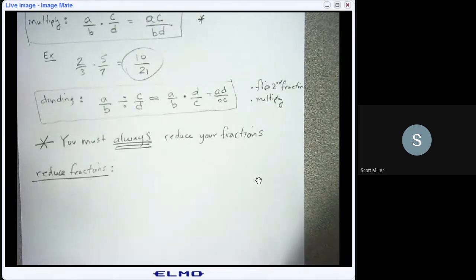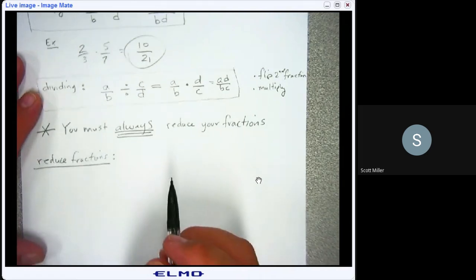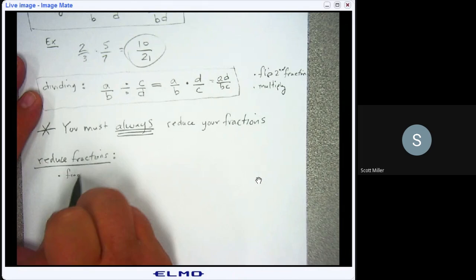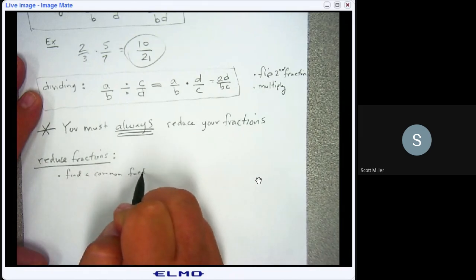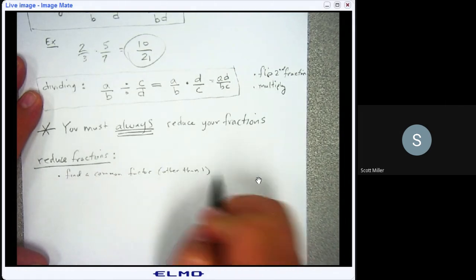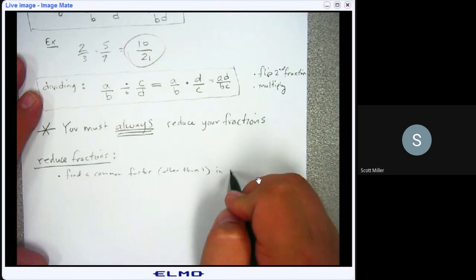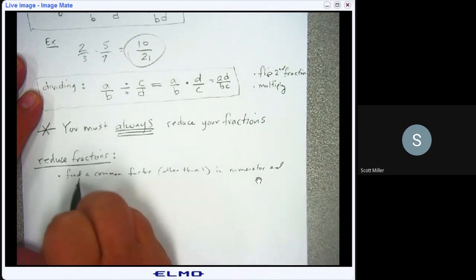To reduce a fraction is related to multiplication and division. Okay? So let's say I have a fraction. What you want to do is find a common factor other than 1 in the numerator and denominator.